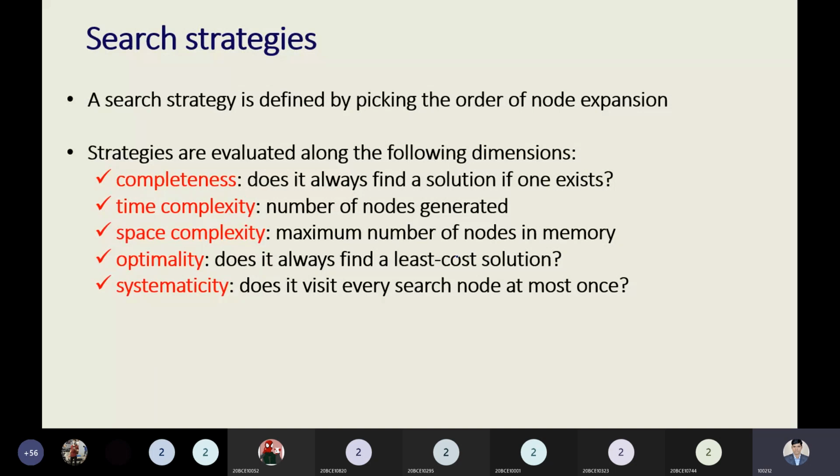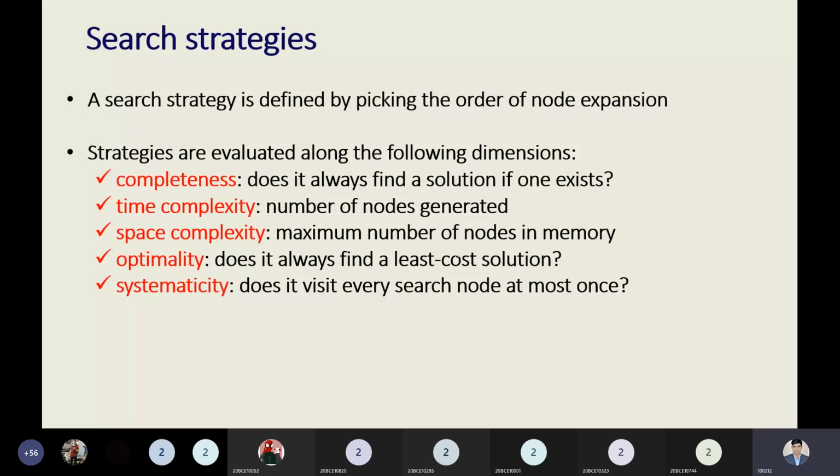Time complexity and space complexity are the two major factors required to understand this strategy. We have five different points or dimensions that define how such a strategy can be useful, or which one could be useful. So what is completeness actually? Completeness is about the solution we are following in the tree, whatever we have, from the uninformed and informed search.